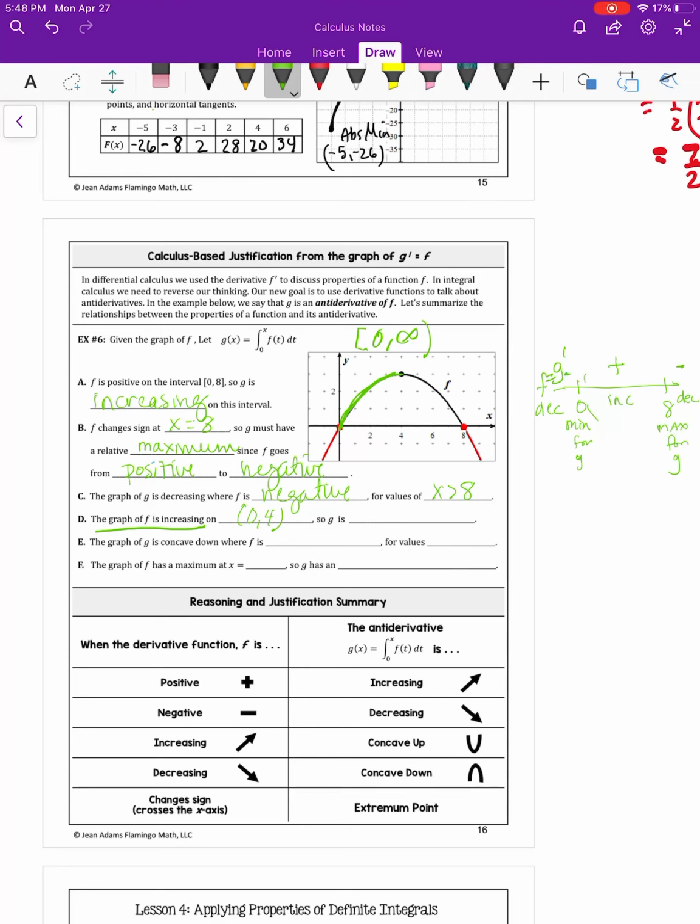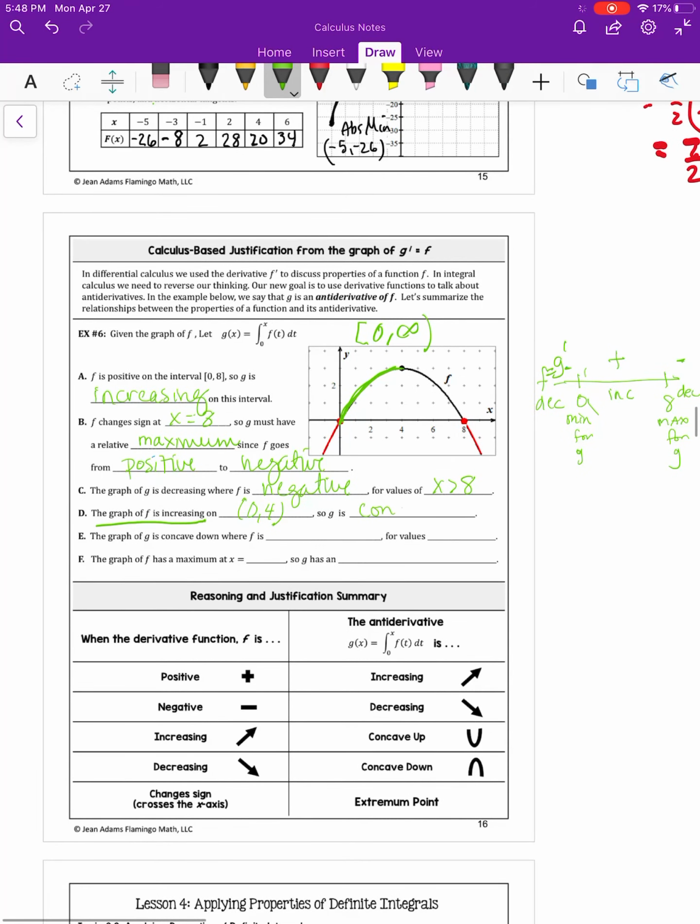If f is increasing, the derivative is increasing, that means that g is concave up on that same 0 to 4. And the graph of g is concave down where f is decreasing, for values of x greater than 4.